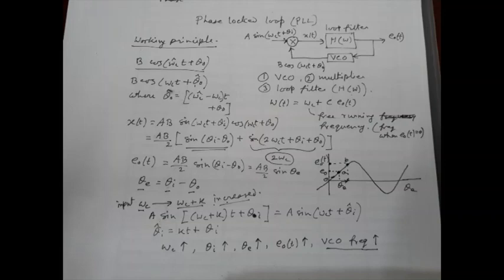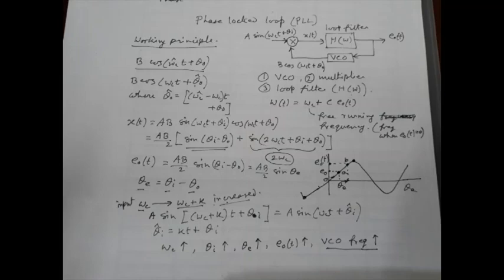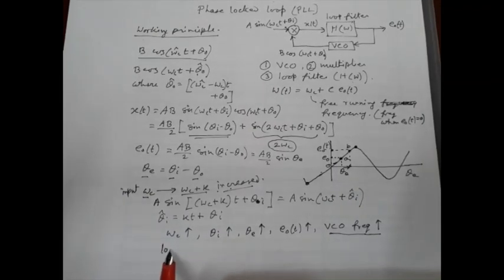A PLL can track the incoming frequency only over a finite range of frequency shift, up to this point, from this point to that point. So this range is called the hold-in range or lock range.